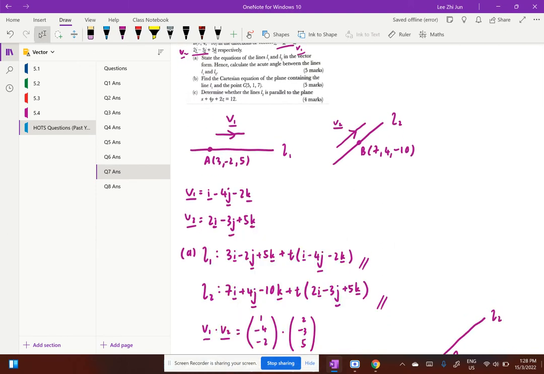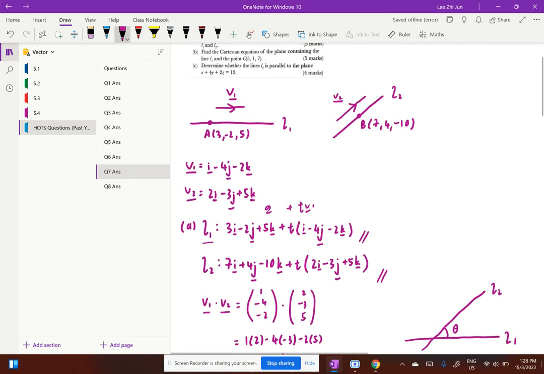To write it in the vector form, the first line equals this, a plus t v1, and the second line is b plus t v2. It's simple.